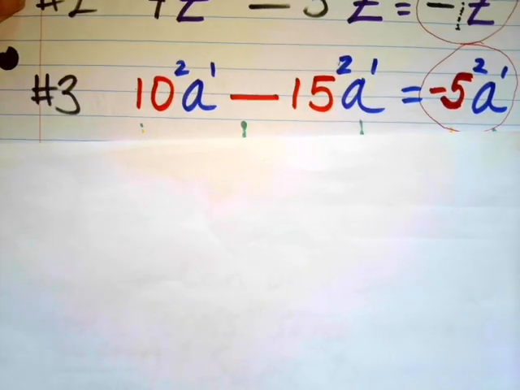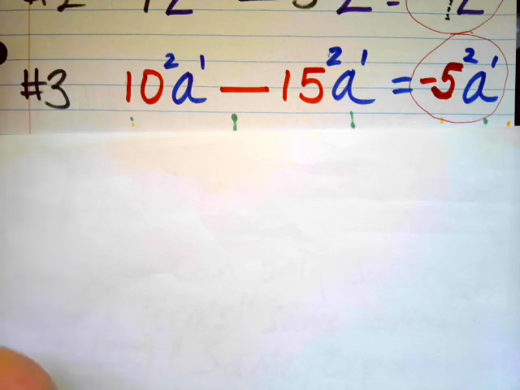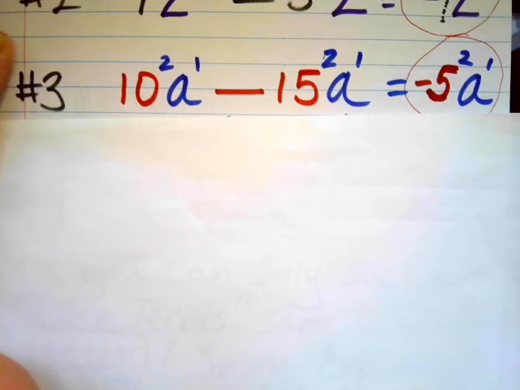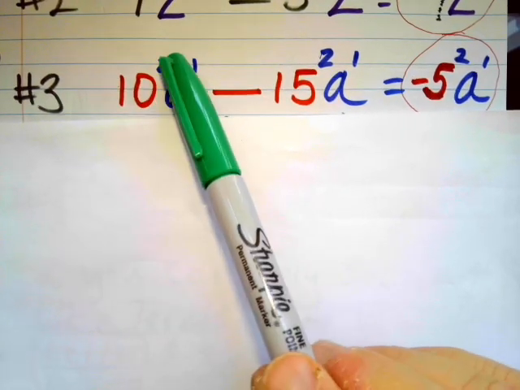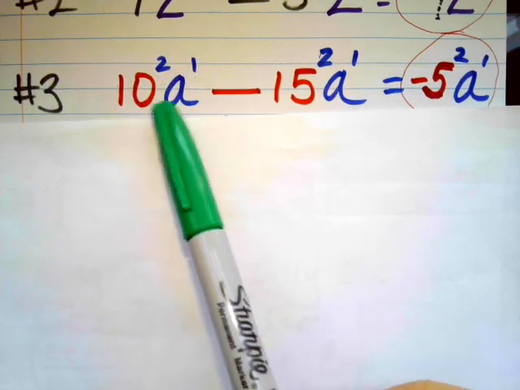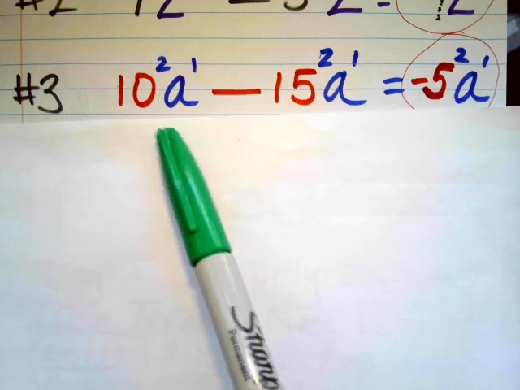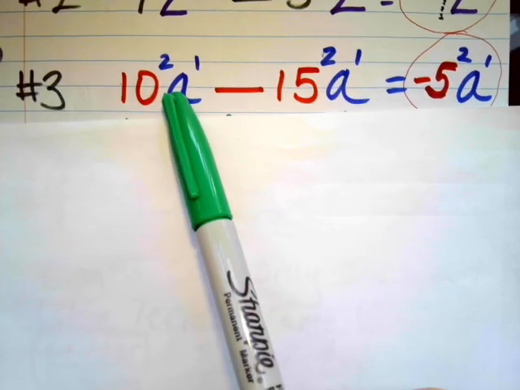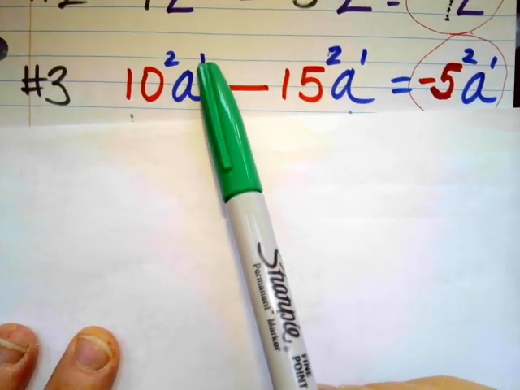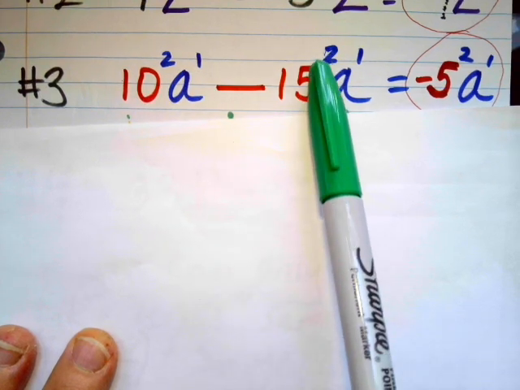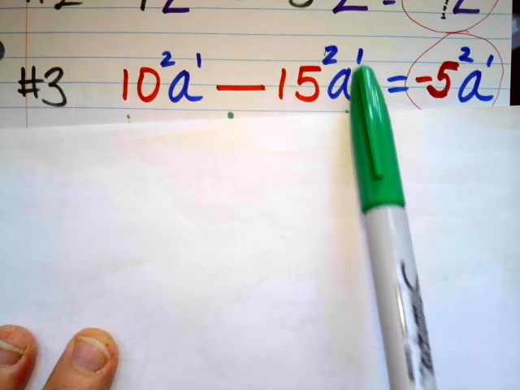Let's go ahead and take a look at a third example here. So we have 10 squared, 10 to the power of 2, times, that means multiplication. When terms with numbers and variables are attached like this, it means multiplication. a to the first power minus 15 squared times a to the first power.